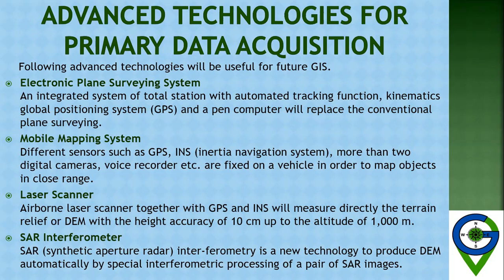Then laser scanning: airborne laser scanners together with GPS and INS will directly measure the terrain relief or depth with a height accuracy of 10 centimeters up to an altitude of 1000 meters. Then the fourth one is SAR interferometry, that is synthetic aperture radar. Interferometry is a new technology to produce a digital elevation model automatically by a spatial interferometric process of a pair of SAR images.